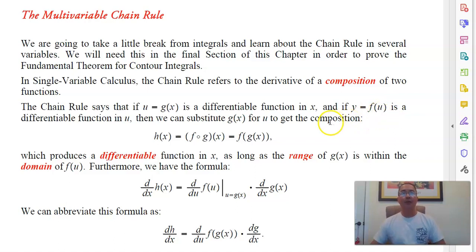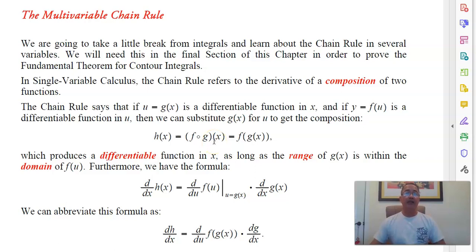Okay, so when we substitute g of x in for u, we're going to get f evaluated at g of x. But of course that is the meaning of the composition of two functions. We can rewrite this as the composition f composed g evaluated at x.